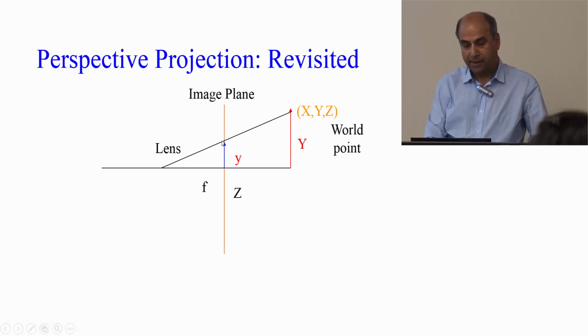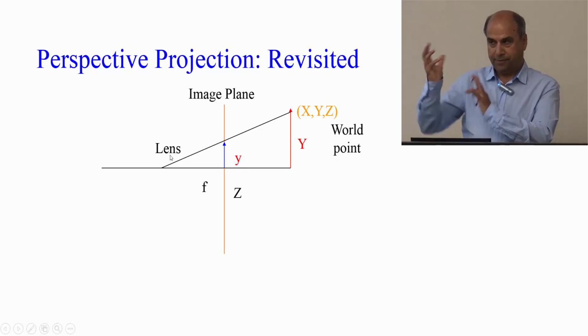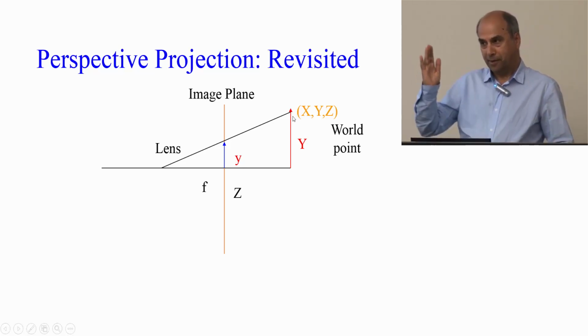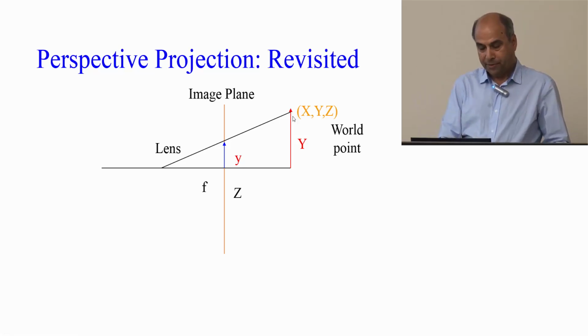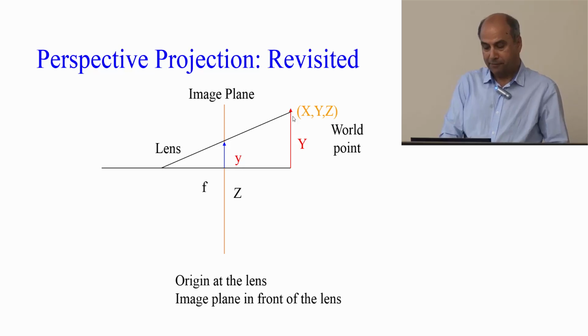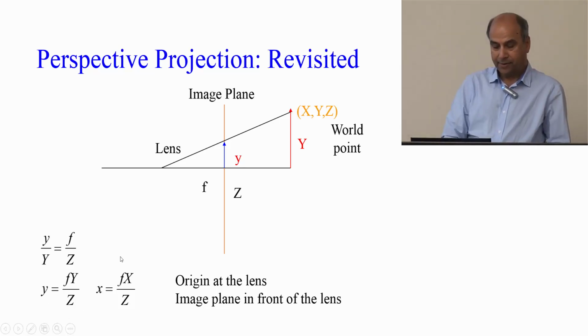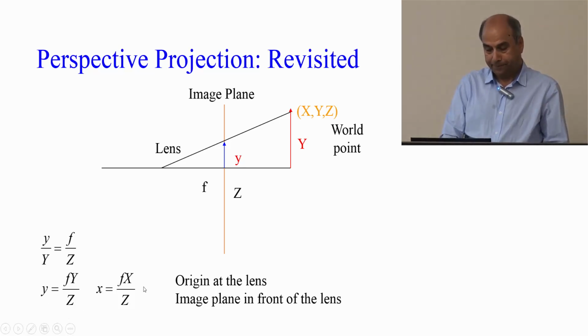So now the image plane is here, and the lens is here. It's just reversed, so these images are not upside down now; they are actually the same. So the origin is at the lens, with the image plane in front of the lens. Therefore now we don't have a minus sign. So y is fy upon z, x is fx upon z. Okay.